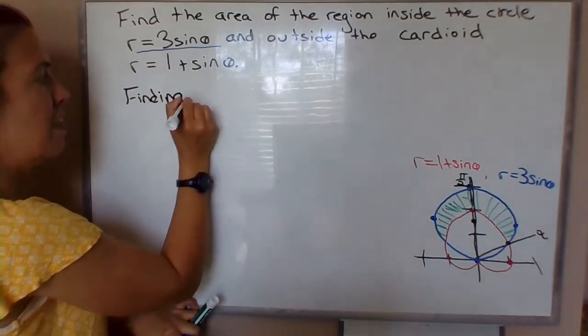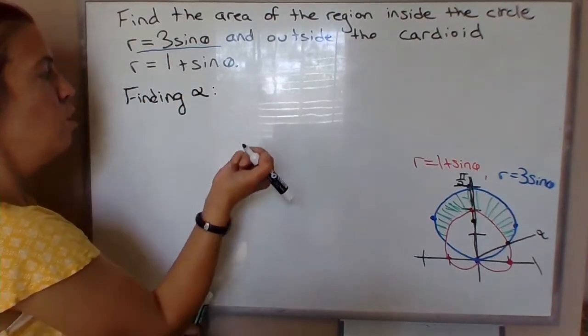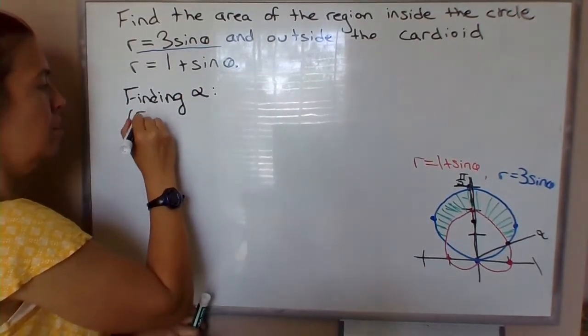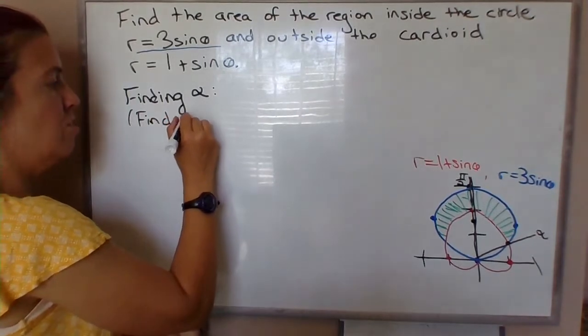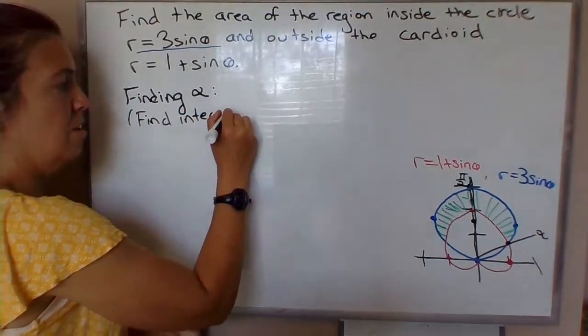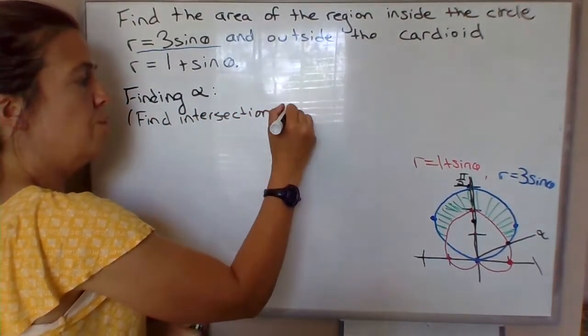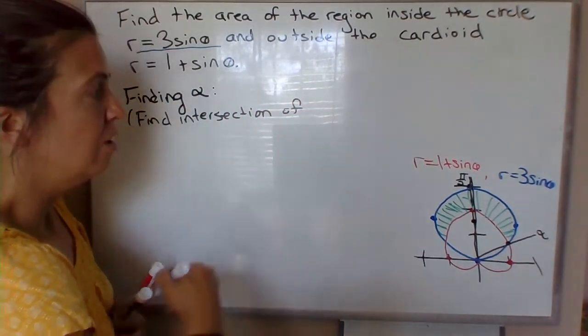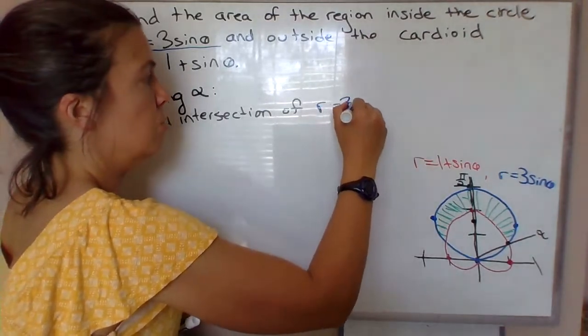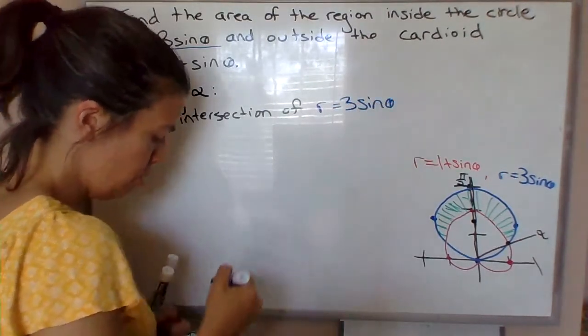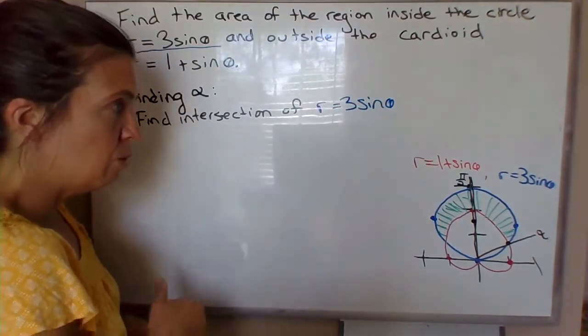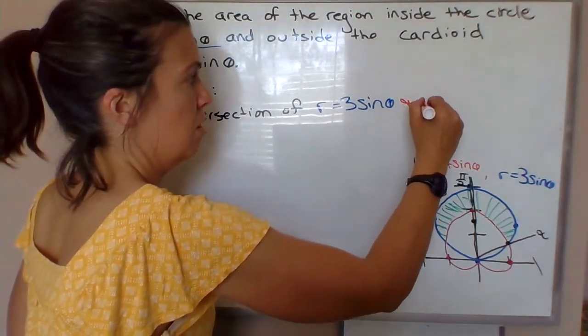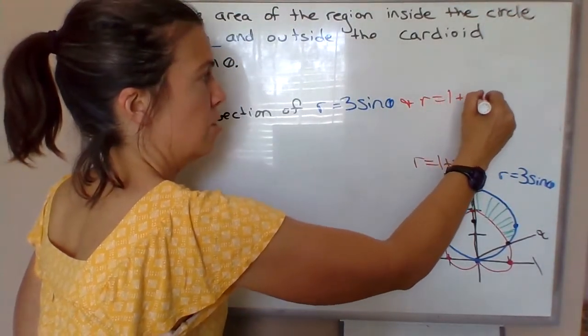So finding that value of alpha, we need to find the intersection of those two graphs. I want to keep these color-coded: r equals 3 sine theta for the circle, and r equals 1 plus sine theta for the cardioid.